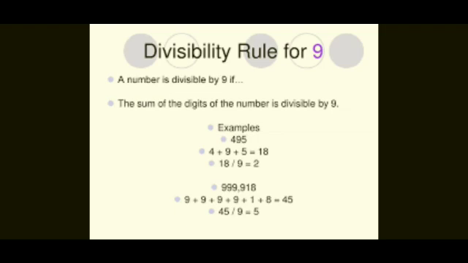So 9,99,918 is also divisible by 9. That you can understand. Divisibility property of 9 means add the digits. When you are adding, surely you will get a number. If that number is divisible by 9, surely the given number also will be divisible by 9.